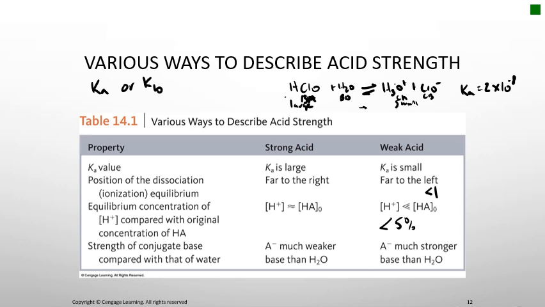Now, since I have a large percentage of the HClO found in solution, that means when all these things get mixed together, as soon as an H3O plus comes in contact with that ClO minus, it's going to revert back to form the reactants. So therefore, this compared to the water would be a much stronger base. And I know that because the K value is less than 1.